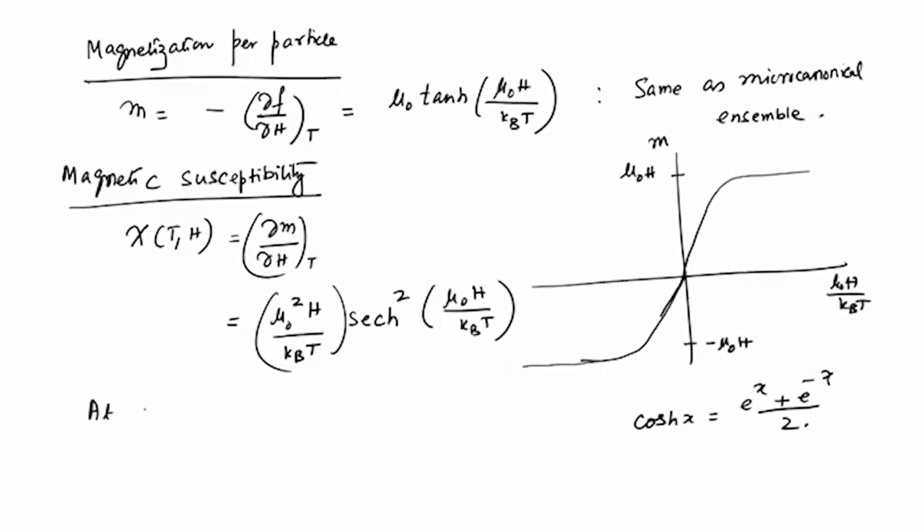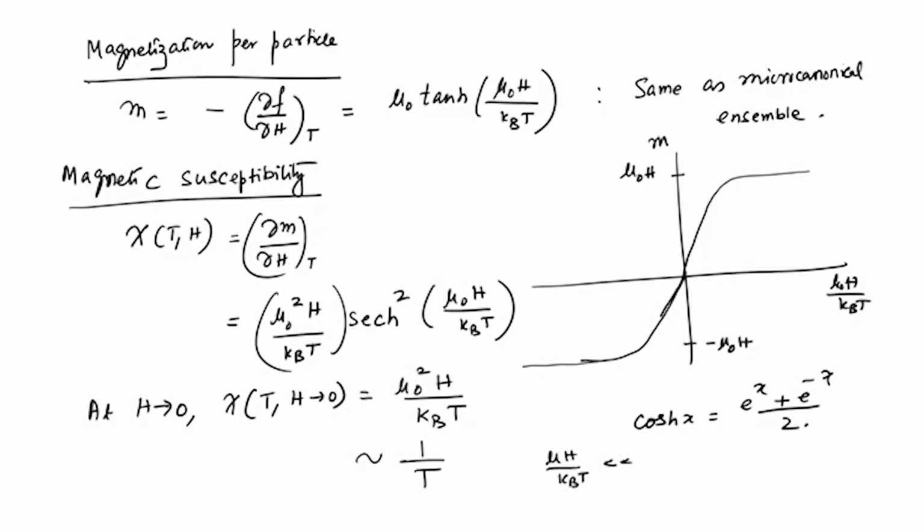So, as H tends to 0, chi of T, H tending to 0 gives you this mu 0 square by k t, and this is a famous formula called Curie's formula, where the paramagnetic susceptibility at a large temperature goes as 1 over T. And as I said, it is really important to understand that this mu h by k t is small here, much smaller than 1, and in this limit this is true.